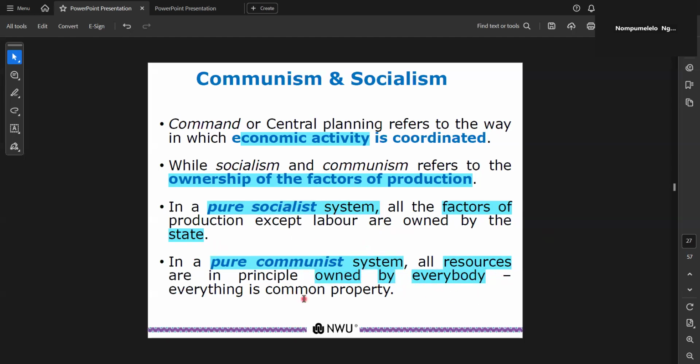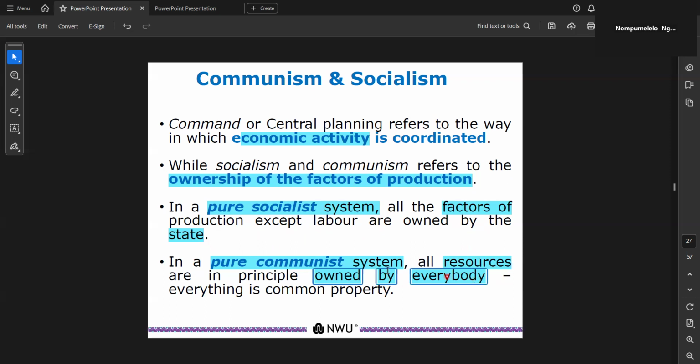So how I differentiate between the two: instead of communist, I use community. Here, they speak of the factors of production which are owned by the state in the pure socialist, and in the pure communist they speak of the resources which are owned by everybody.